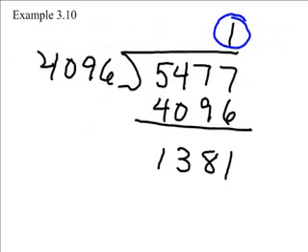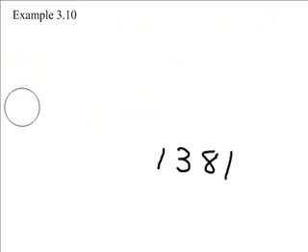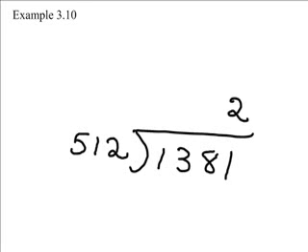Now we're going to take what's left over, this 1,381, and go to the next place value, which was 512, and see how many 512s are contained in that remainder. And there are two 512s contained in 1,381.